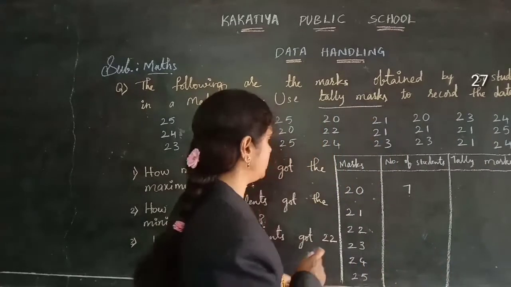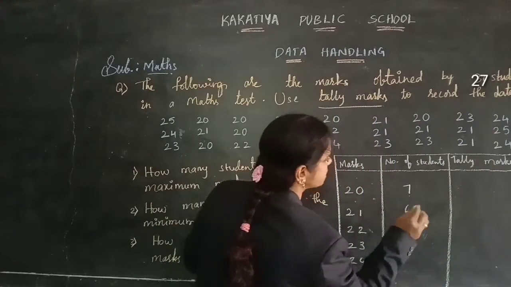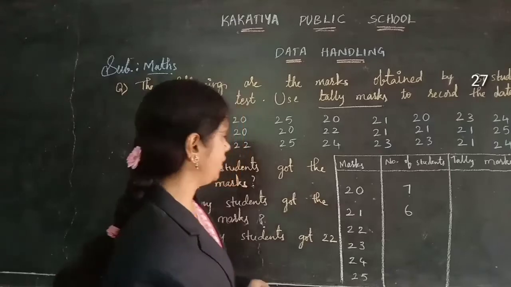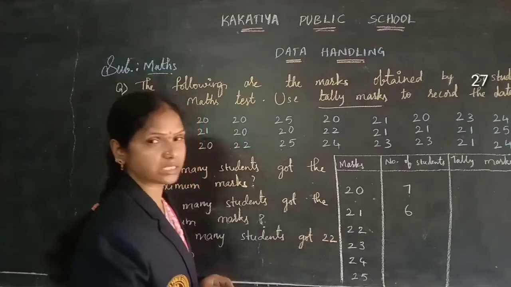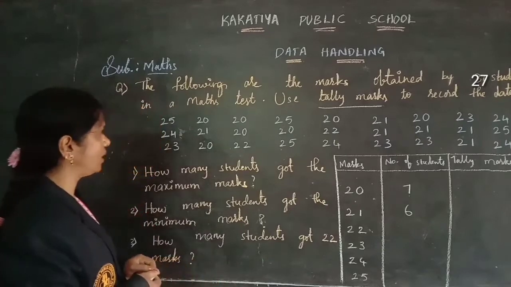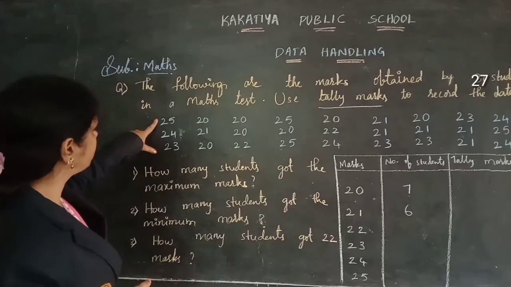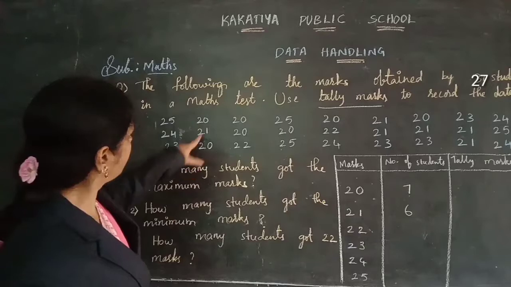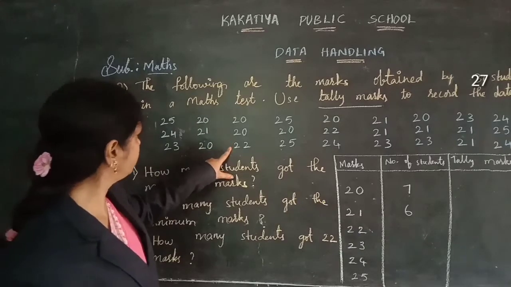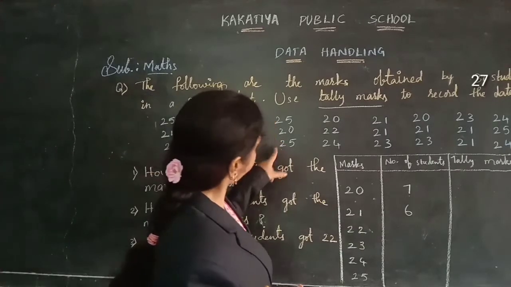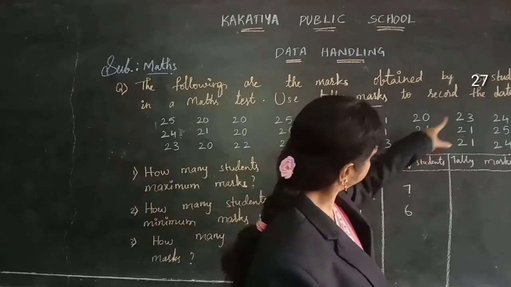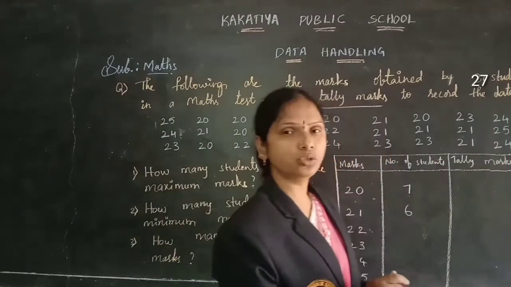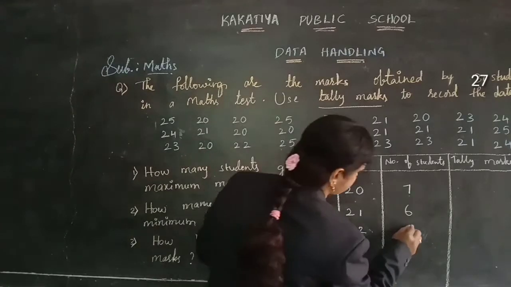So 6 students got 21 marks. And 22 marks, let's count. How many students got 22? See, 1 here, 2. Only 2 students got 22 marks.